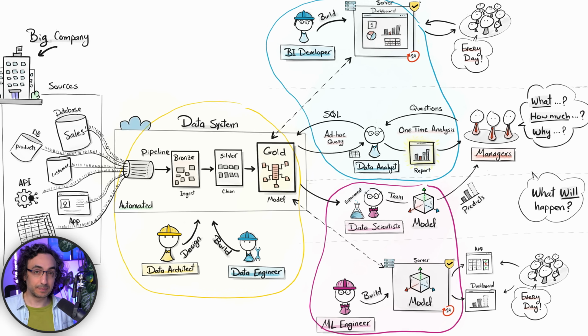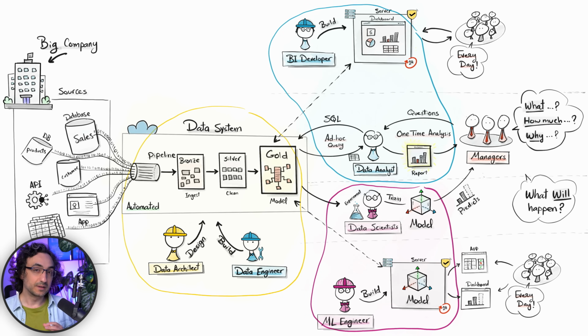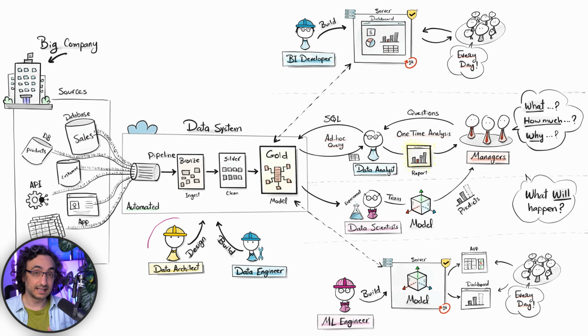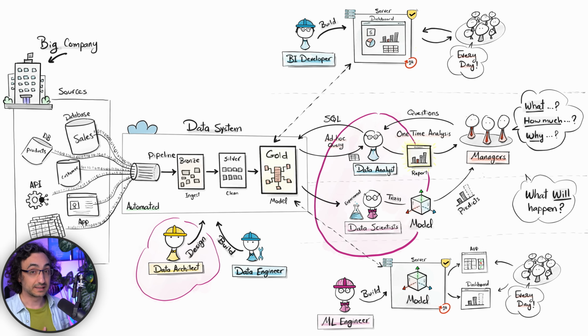And there is actually another pattern. You can see in those roles there is always somebody doing the design: the data architect is designing the data system, and the data analyst is building the first version of the reports. Same thing for the data scientist, who is experimenting and training the first version of the model. So those ones are always trying to discover, trying to put together the blueprint. And on the other side, we have the other category. You have the people who are building it, bringing it to a productive, scalable environment and making things live.